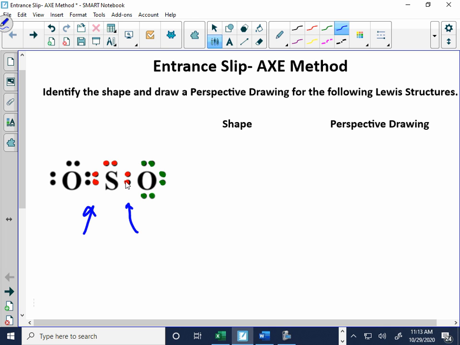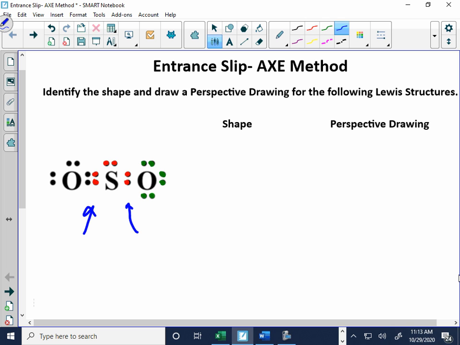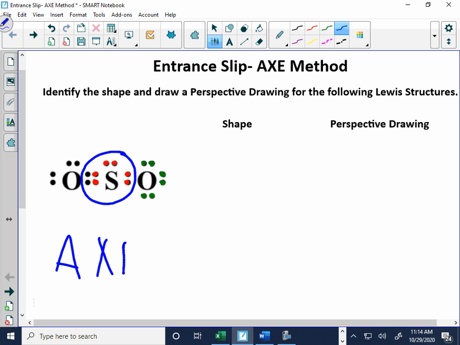Now, when I'm doing my ACTS method, we need to remember that we're only dealing with the central atom. So, as I circle my central atom here, and I go A, X, E, and I look and I say, okay, how many bonded domains do I have?